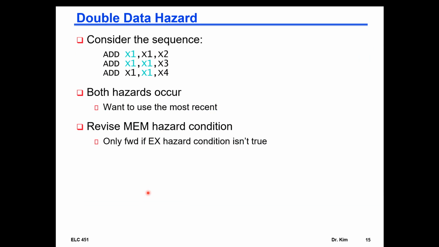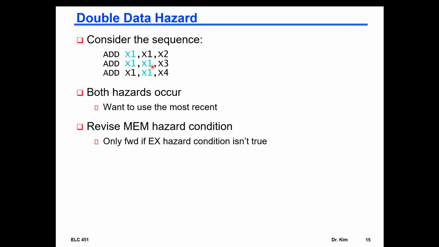Now, let's consider if we have a double data hazard, such as this. We are using register 1 as a destination register, and then we use it as a source. So we know that that gives us a hazard, but now the destination is also register 1.